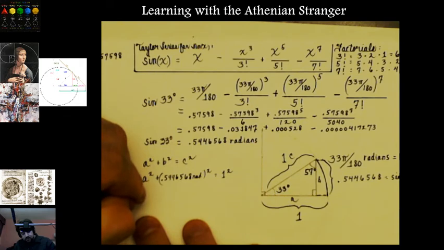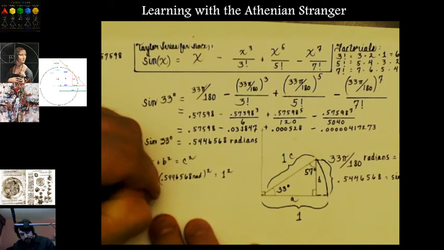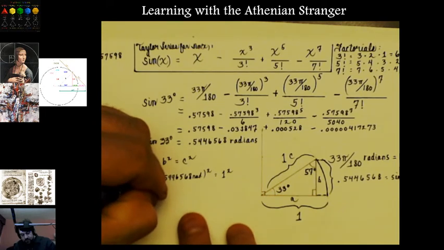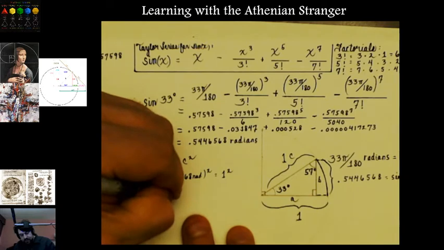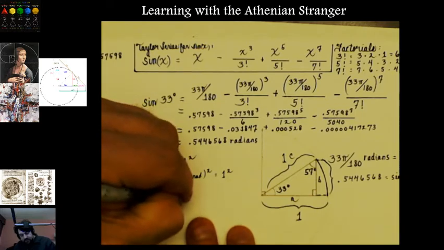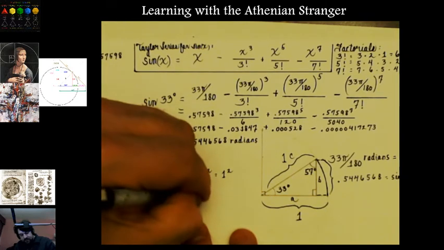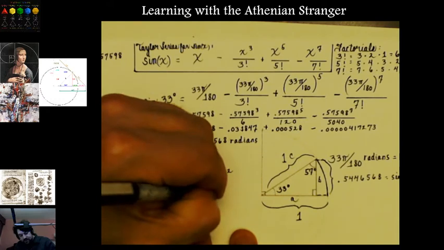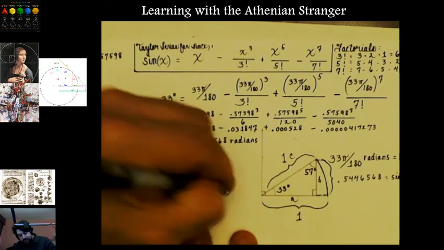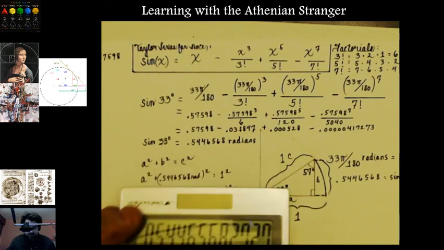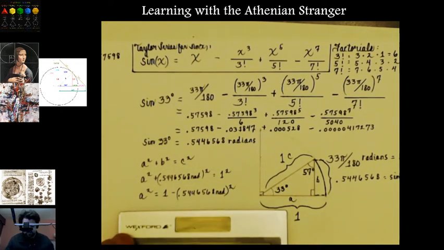A squared equals 1 minus 0.5446568 radians squared. So all I need to do is square this and then subtract it from 1 to come up with a squared.